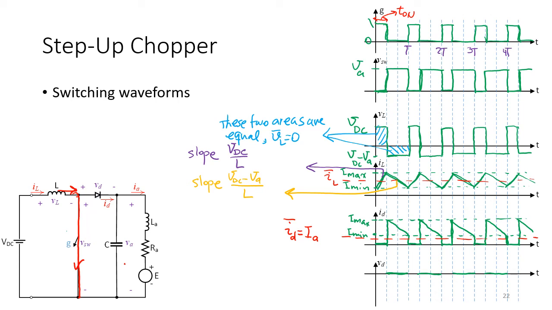What will be the voltage? Minus VA. See the polarity. And if you remember, the diode can only tolerate negative voltage, no positive voltage.